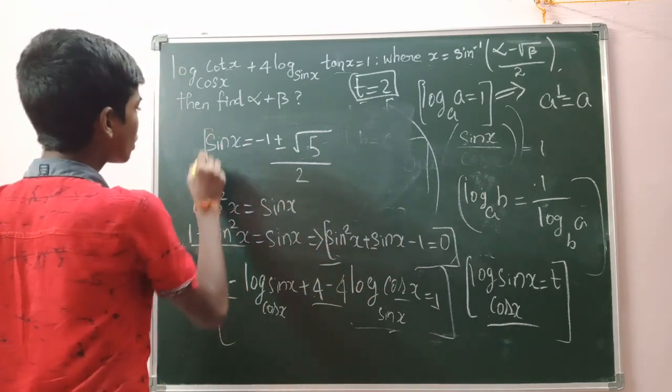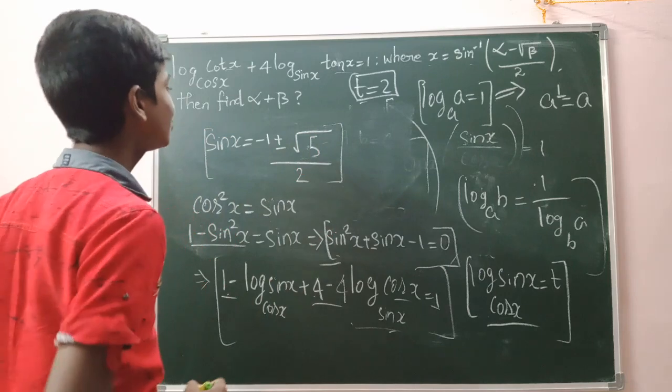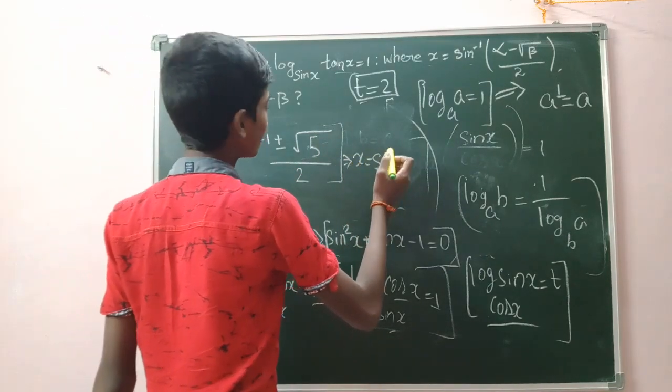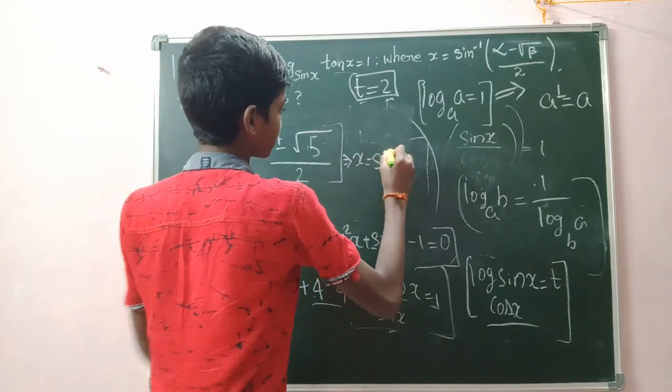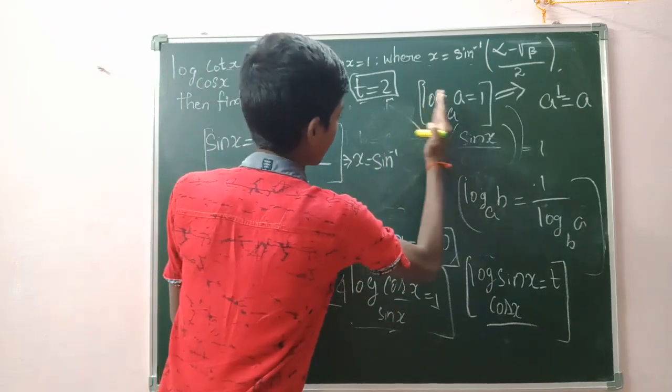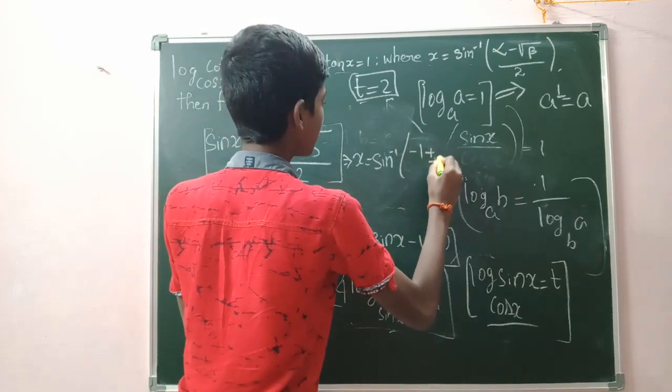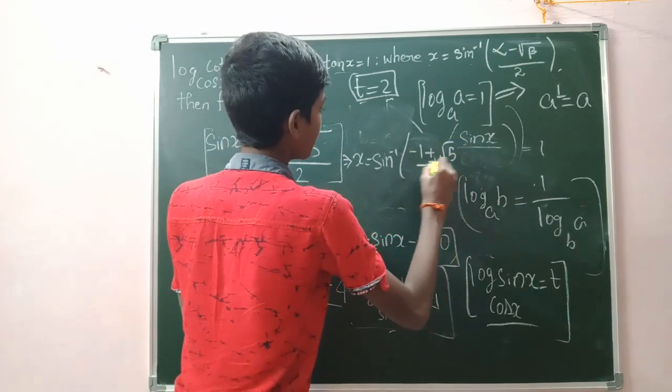So this is what I got for the value of sin x, which implies that your x is nothing but sin inverse of minus 1 plus or minus root 5 by 2.